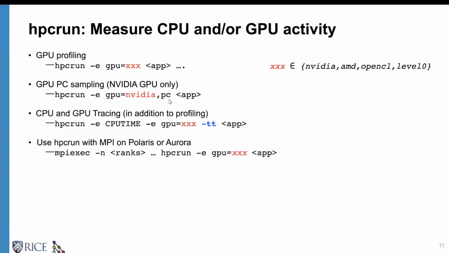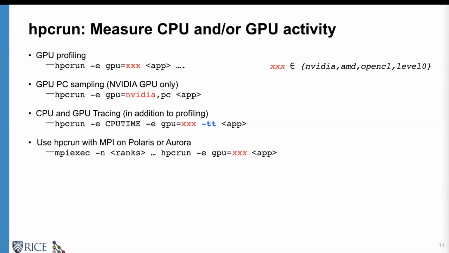If you want to do profiling and tracing, so here I was just saying these are just events to say, watch as the GPU operations are being launched and record them in profiles. If you want to see traces, then you give this -tt option. There's a -t option and a -tt option.